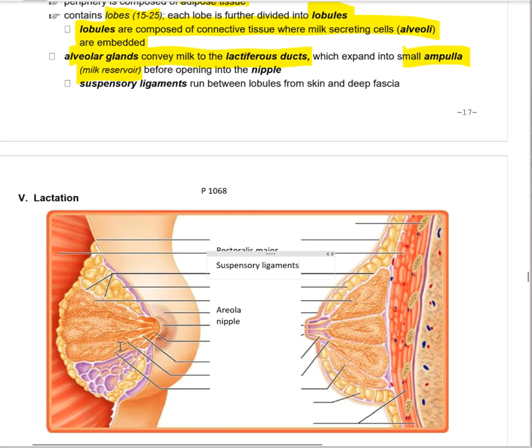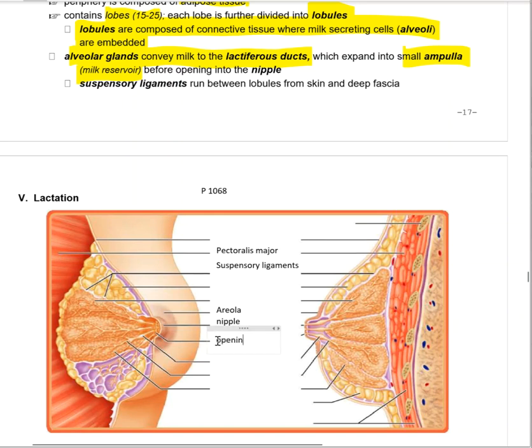So let's see, and then those lobules become their little ducts. You can see where my highlighting, there's a little duct right there, and then it goes into an ampulla, and then that ampulla goes out through the opening of the ducts. So let's put all those in.